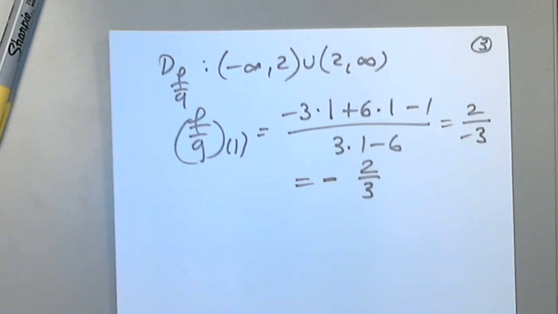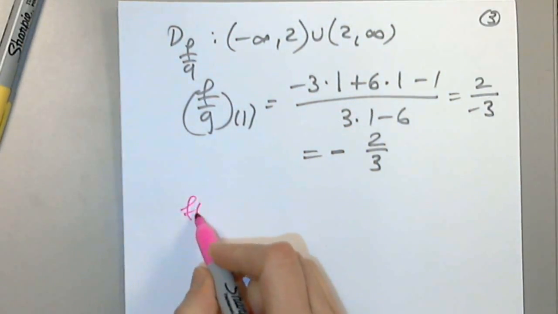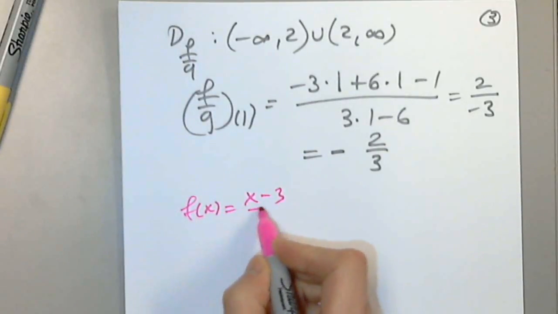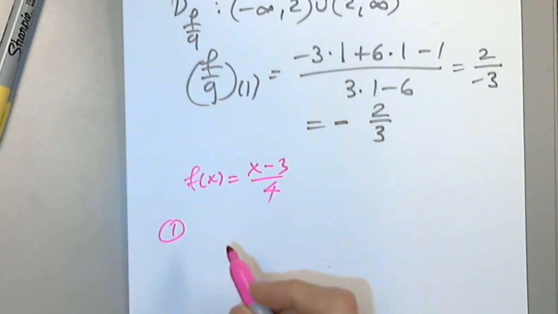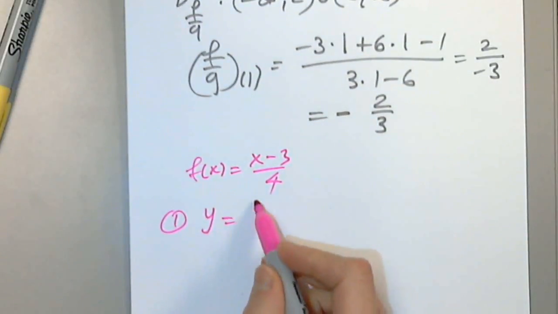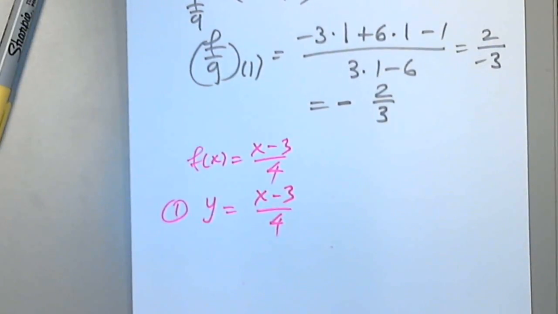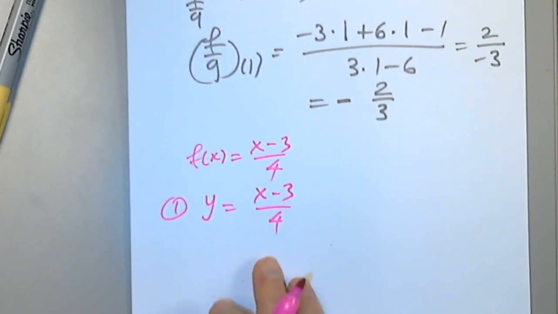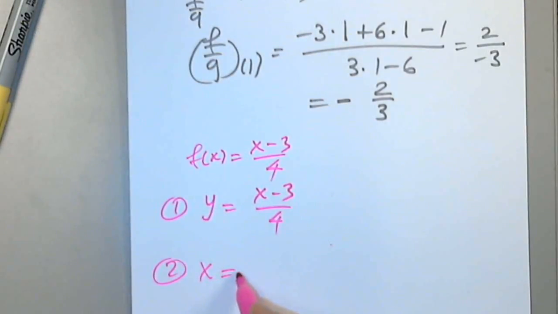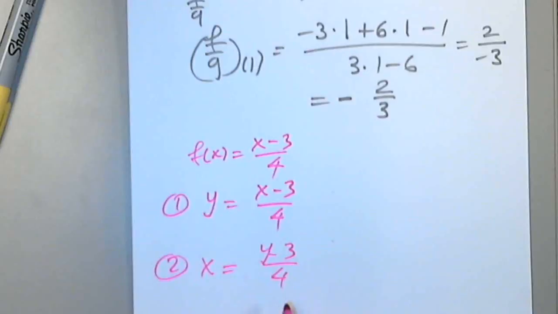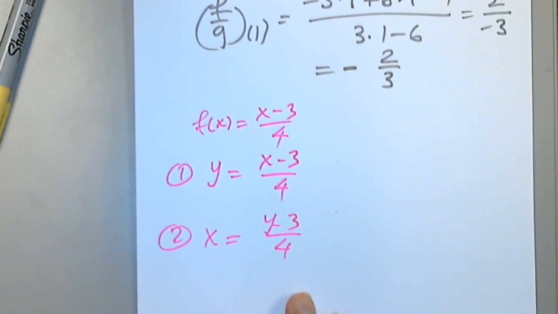Yes, Kelsey? We find the inverse function of f of x equals x minus 3 over 4. Good. Step 1, if you remember, I replace f of x by y, so this is x minus 3 over 4. In chapter 2, we talked about interchanging, and we talked about rational equations.